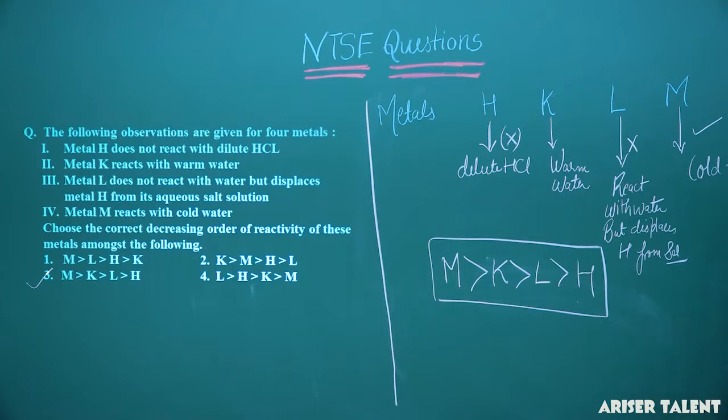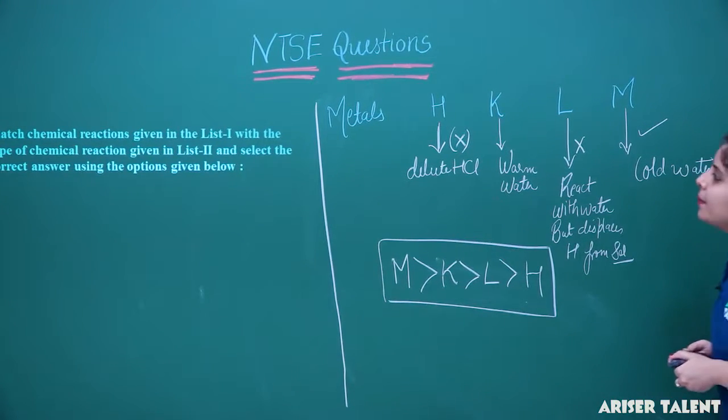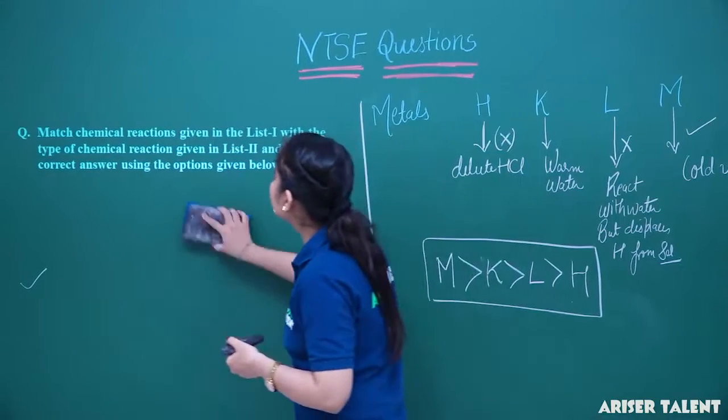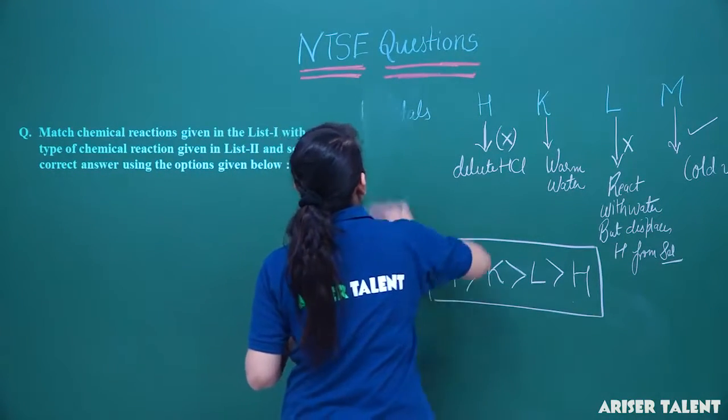Now let us move to the next question we have. Match the chemical reactions given in list 1 with the type of reactions given in list 2. So let's check the list here.